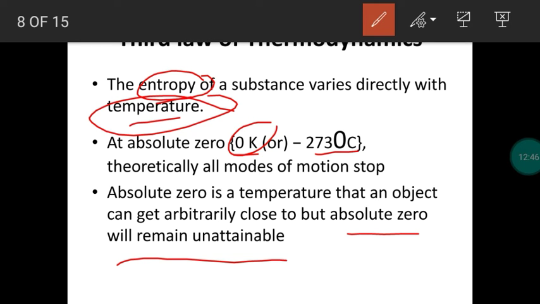We take a water molecule. The water molecule has different types of movements like translational, vibrational, then rotational. So different movements are there. So when we maintain 0 Kelvin temperature, all these types of movements will be arrested. So maintaining 0 Kelvin is highly difficult.